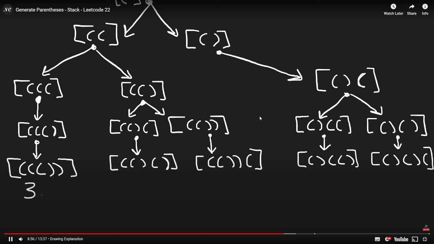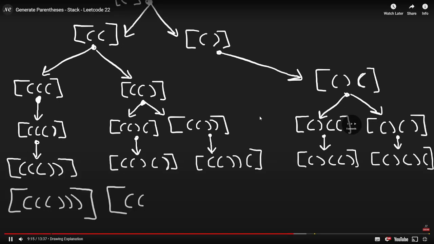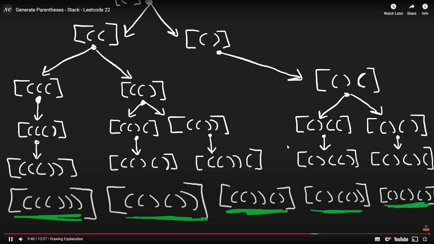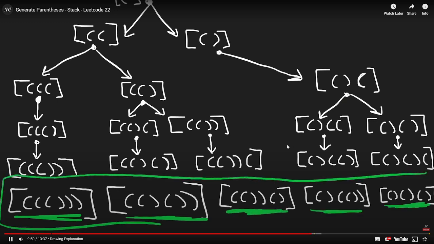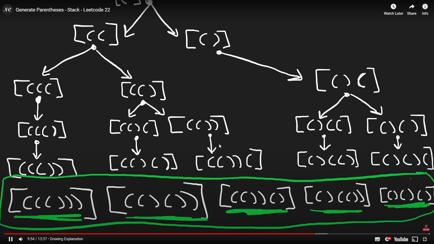Since this one has 3 open and 2 closed, we know that we need 3, so we are going to add 2 closing parentheses, and lastly this one we're also adding a single closing parenthesis. Valid, right? So these 5 are going to be returned as our result. These are the 5 ways we can make valid parentheses.